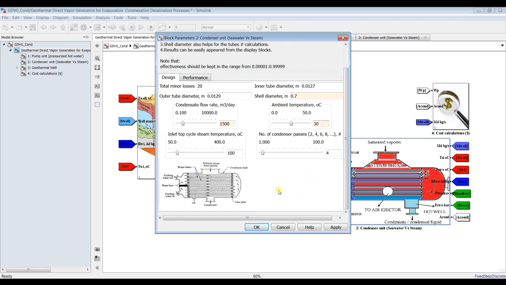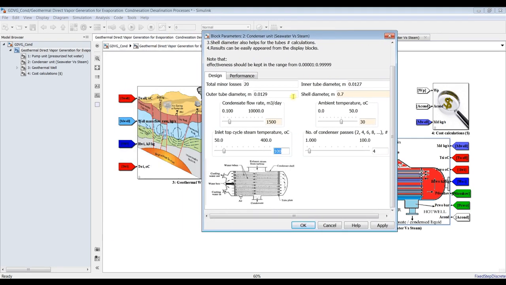Top cycle temperature: what is the steam temperature we need? Sure, if you intend to go higher than 100, 200 and so on, you have to dig deeper in your geothermal well. So I recommend 100 degrees Celsius, or 80 degrees Celsius, quite normal for this. Condenser number of passes: if you increase your passes, you will increase your area.